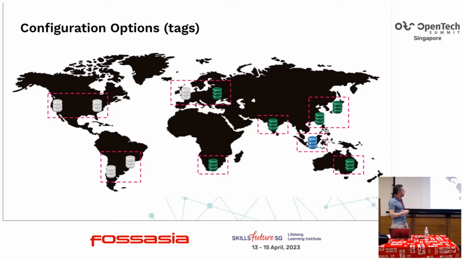If our application is North America based, with tag options we can direct the reads just to the nodes that have the tag North America. And we can do the same with Europe or Australia or Japan or whatever we configure with the tags. This way we can scale our reads, adding more members, as well as use data locality. That will work just for reading data. Any write that this application from North America does will have to go to the primary node.